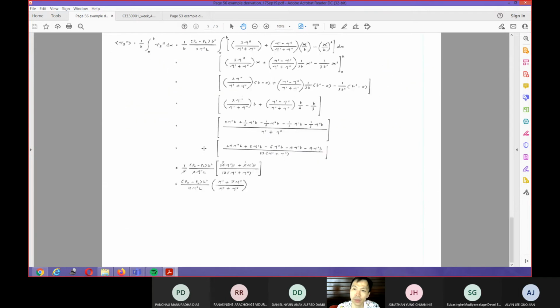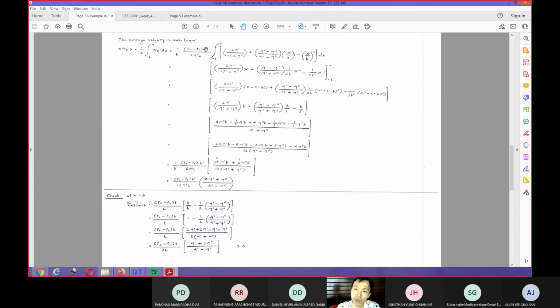So once you do everything, you integrate everything slowly, and then you put in everything. I just don't want to write it again, in order for me to save my time. If you do it correctly, then you will get this particular term in here as the average velocity in the liquid phase, in the liquid 1.